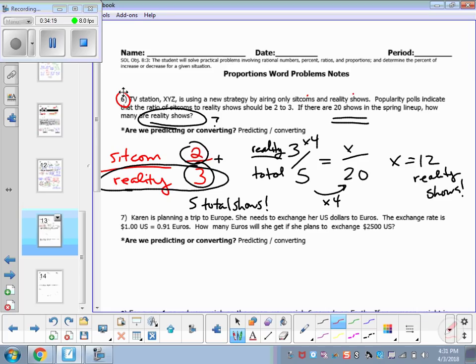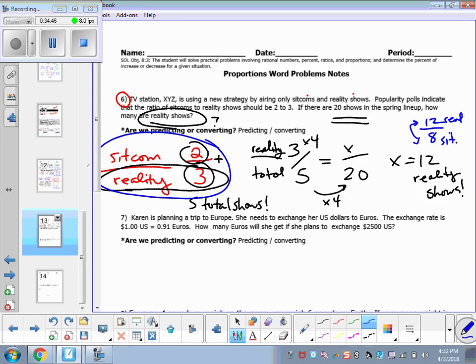Now the problem does not ask us this, but I do want to clarify. If there's 20 total shows in this lineup, and 12 of them would be reality, the other 8 would be sitcom. The way we originally set it up was sitcom over reality, so I'm going to flip-flop these.